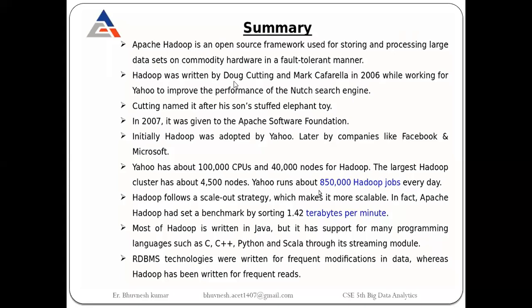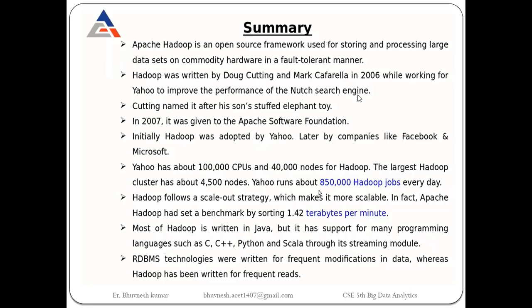Hadoop was written by Doug Cutting and Mike Cafarella in 2006 while working for Yahoo. They were working under Yahoo, and the developers are Doug Cutting and Mike Cafarella, to improve the performance of the Nutch search engine.